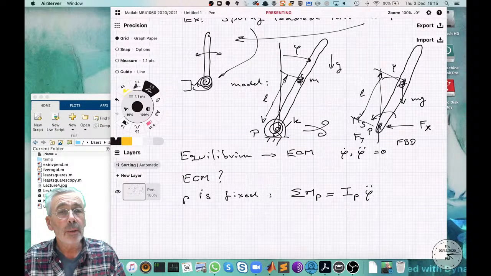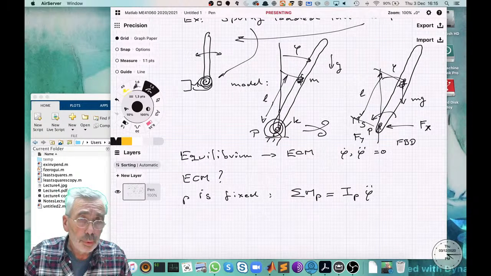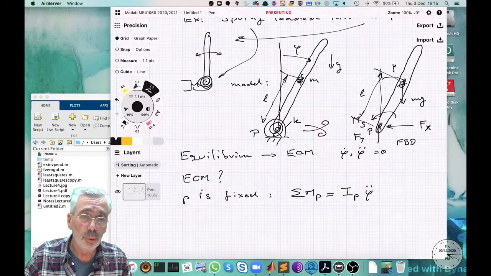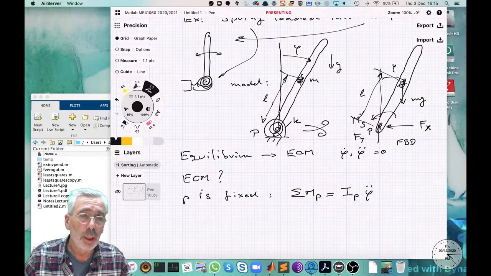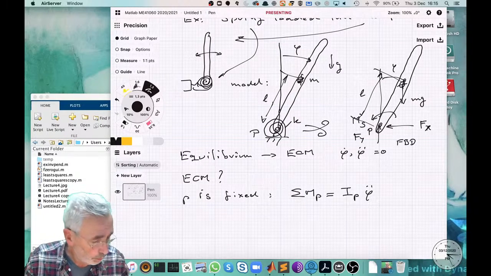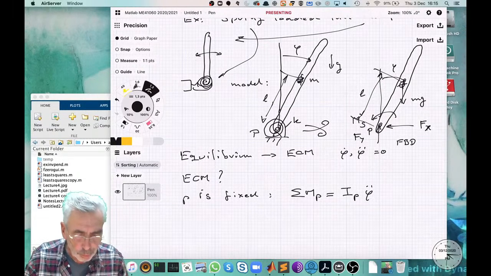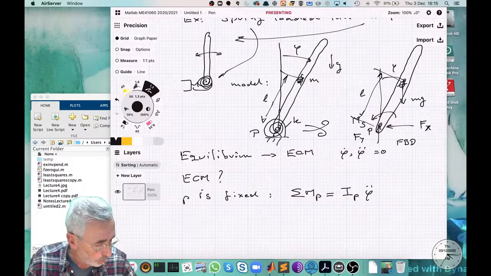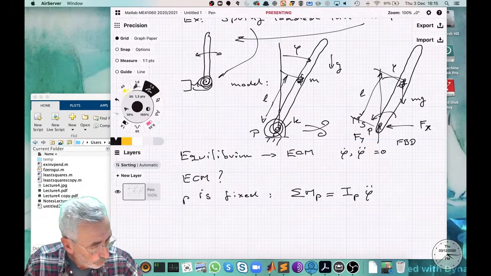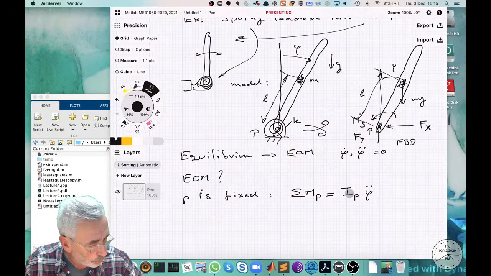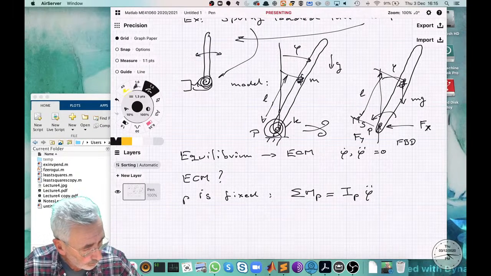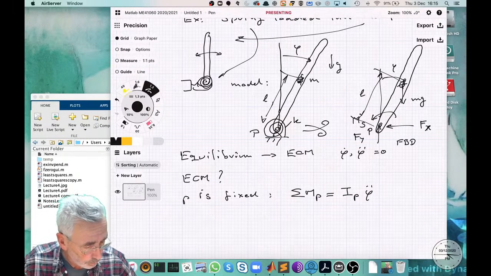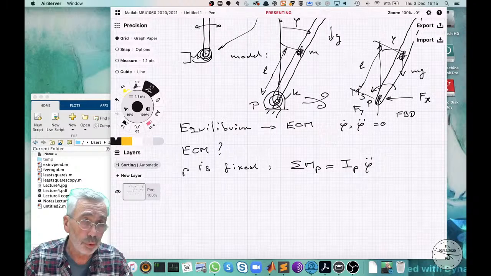Of course, if you do it the proper way, you have to set up the three equations of motion, two Newton equations, one Euler equation about the center of mass, and then you can solve for those three unknown forces, and finally in terms of this one variable. But I do a quick and dirty way here, and you should not do that. That is always confusing, but around the fixed point, the sum of the torques is mass moment of inertia times angular acceleration, and then that angle is the generalized coordinate for the system.